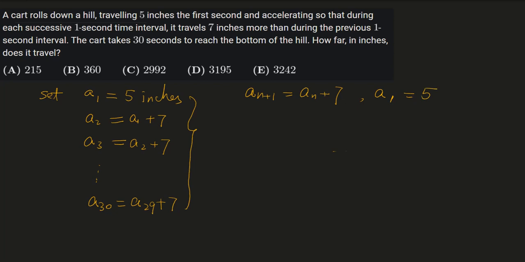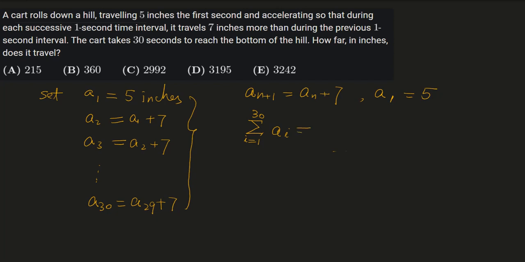Good. And then the question is equivalent to calculating the sum of these 30 terms of the arithmetic progression. So that is the sum of ai from i equals 1 to 30. We want to calculate the sum of this arithmetic progression.